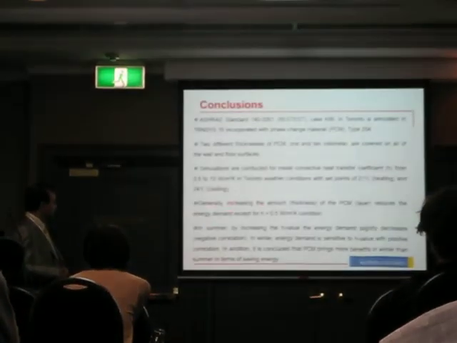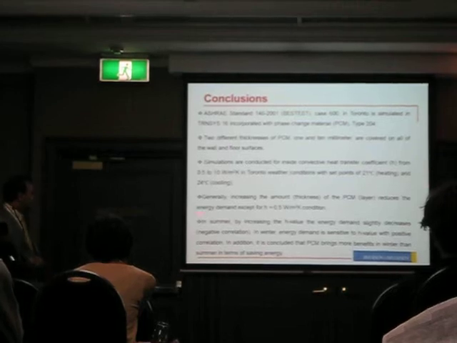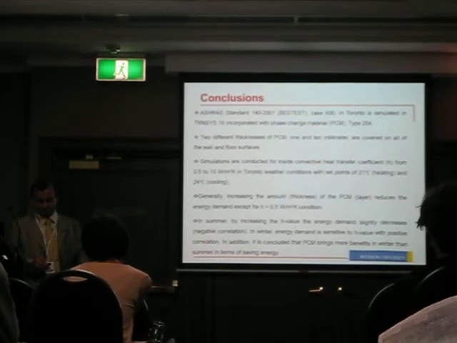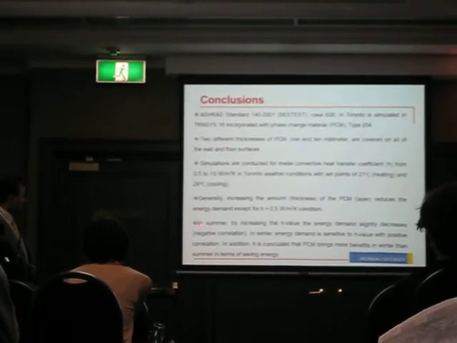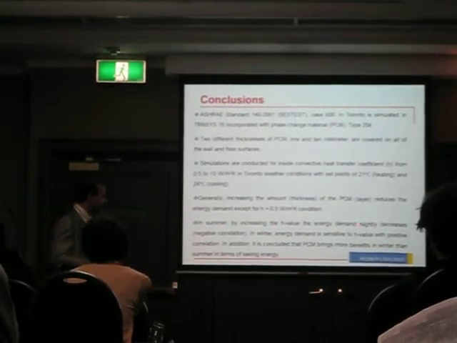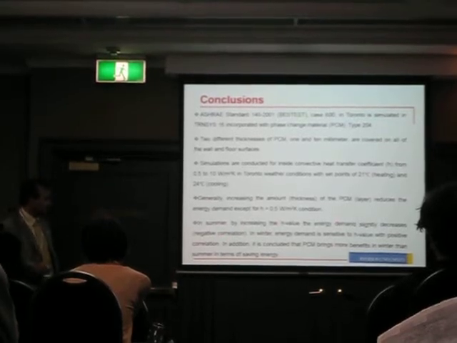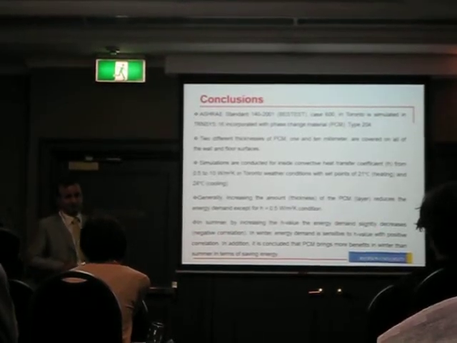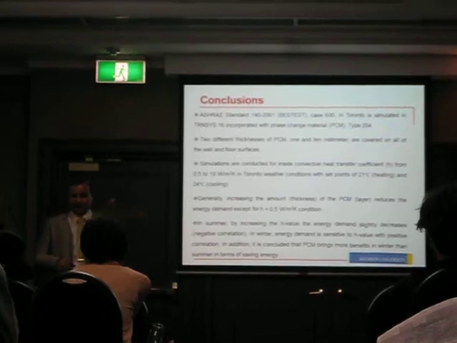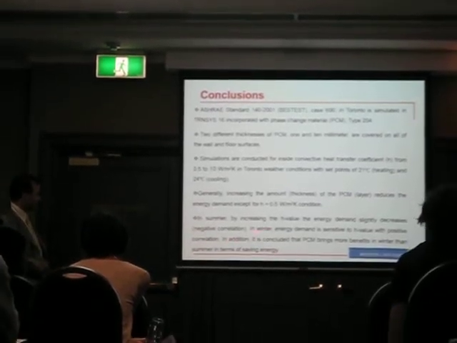And generally, increasing the amount or thickness of the PCM layer reduces the energy demand. In summary, by increasing H value, the energy demand slightly decreases. Slightly means just 5% uncertainty, so not that important.